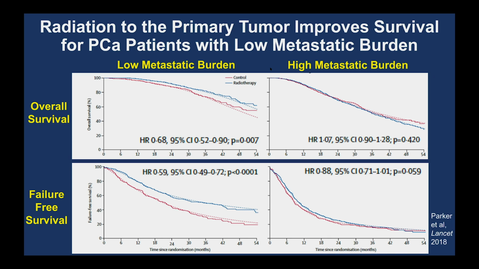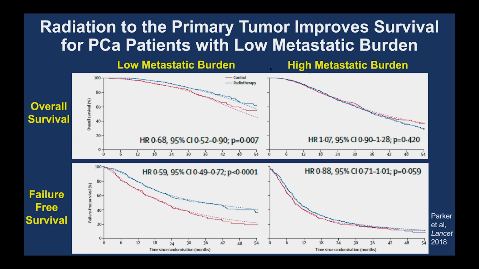And on the top row, you can see the curves for overall survival, meaning who was alive and who wasn't. And on the bottom row, you can see failure-free survival, which is defined as who had recurrence or did not have recurrence, and also in addition, who was alive and who wasn't.